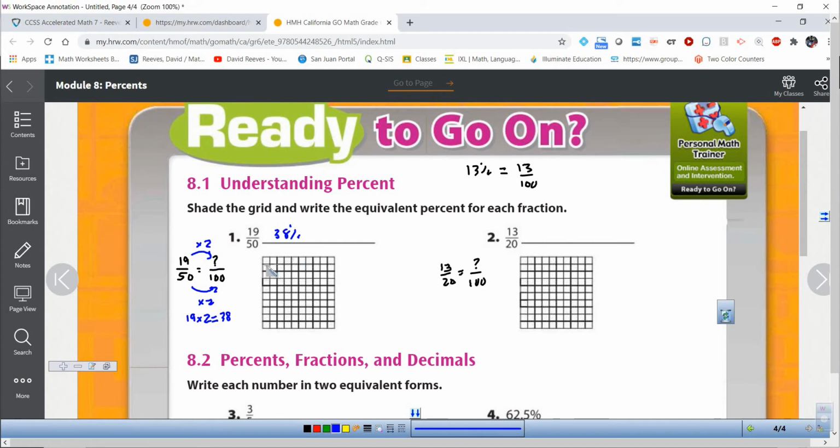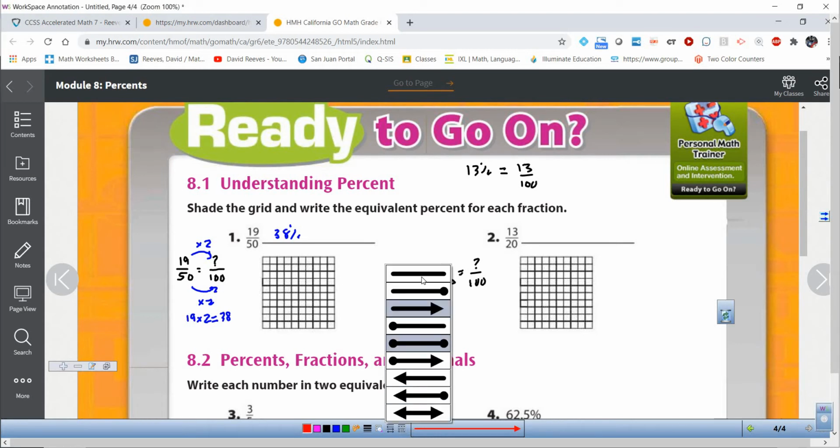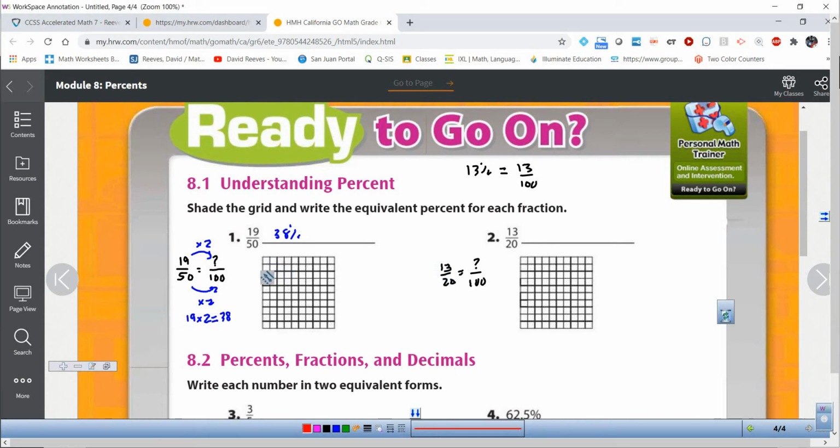Now what I have right here is a grid that is 10 by 10. So if I were to draw a line, if I go down 1, 2, 3, 4, 5, and I cut that in half, then I get two sections that are each 50, right?